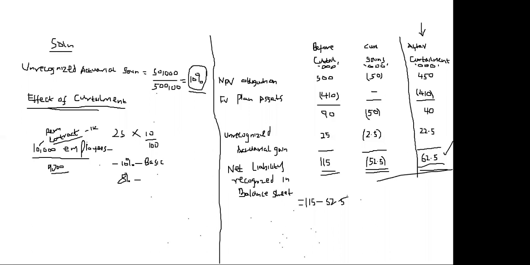Now, the plan assets, if for example, we have a company, and this company has got employees. So nowadays, the employer alone does not invest for retirement of their employees.